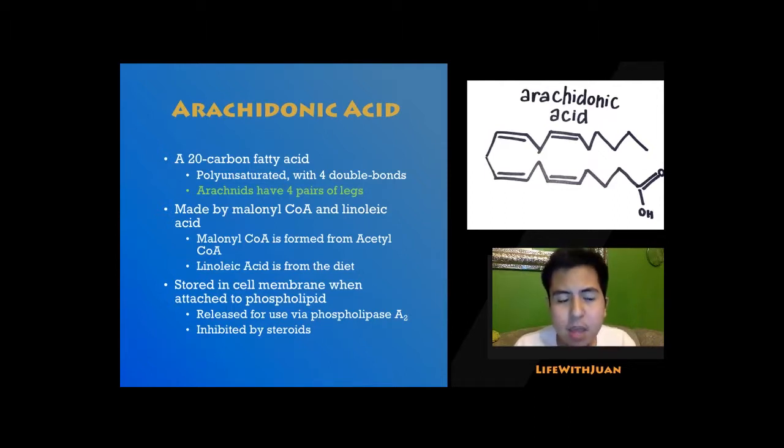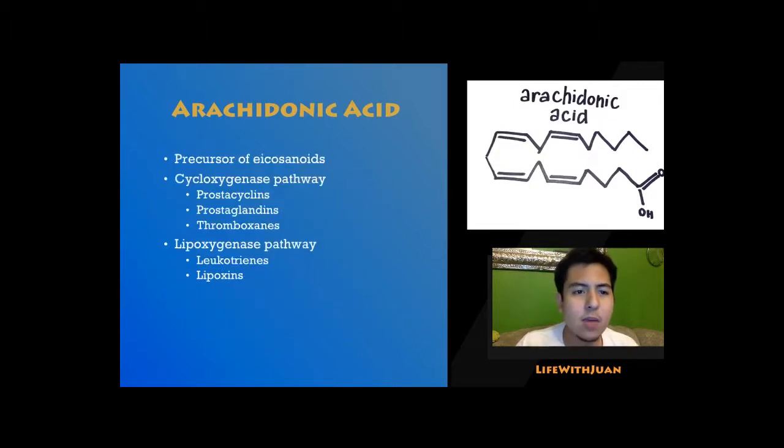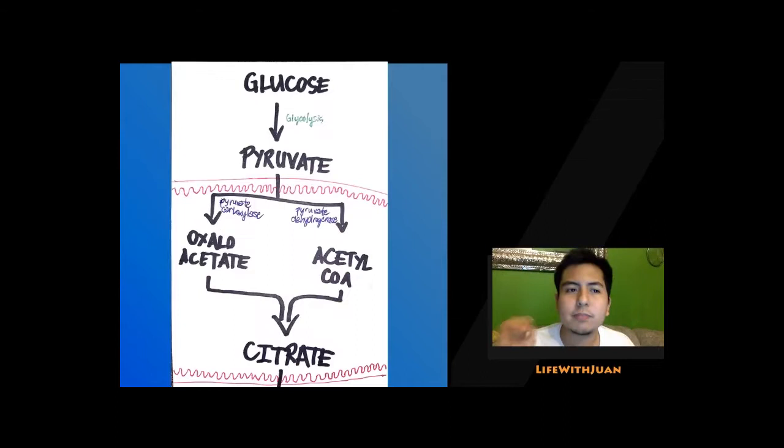That enzyme is inhibited by steroids, which is why steroids have an anti-inflammatory effect, because a lot of the downstream products of arachidonic acid are inflammatory in nature. Anyway, so arachidonic acid is the precursor of eicosanoids via either the cyclooxygenase pathway or the lipoxygenase pathway. Eicosanoids are essentially 20 carbon molecules that have roles in inflammation and coagulation.